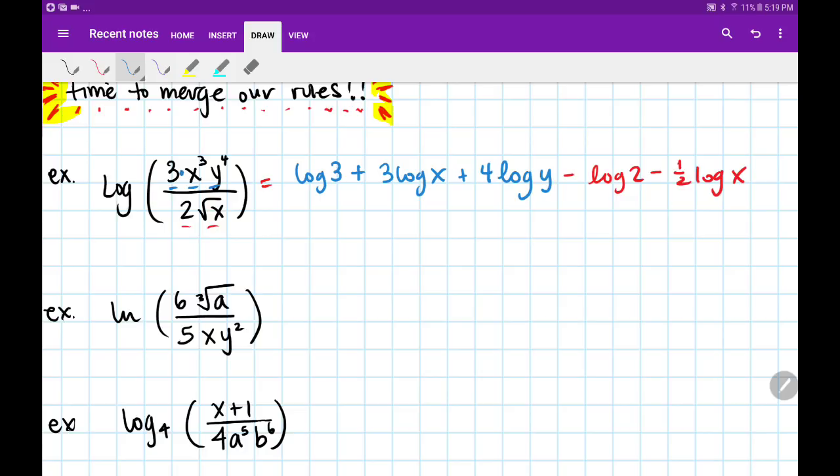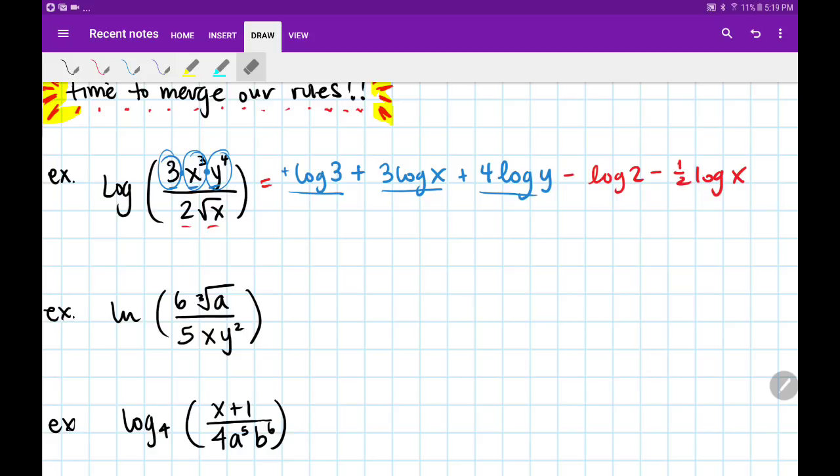So each of these pieces up top was being multiplied. So I had 3 separate positive logs, 1, 2, 3. And then for the x cubed, instead of writing plus log of x cubed, I just moved it to the front already. That's why I got 3 log x. Same thing with y to the 4th. I wrote that as 4 log y using my power rule.